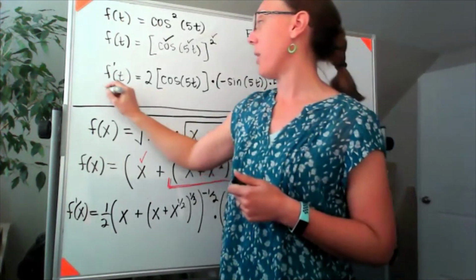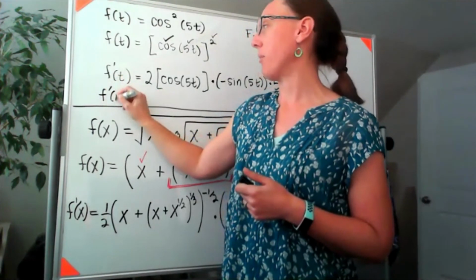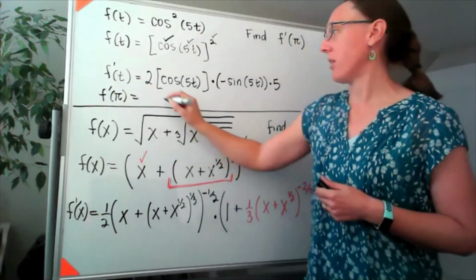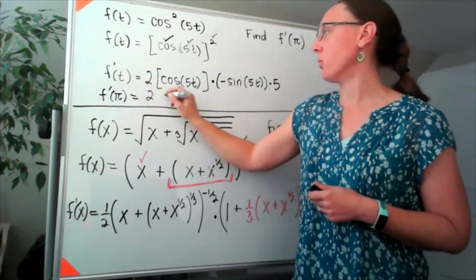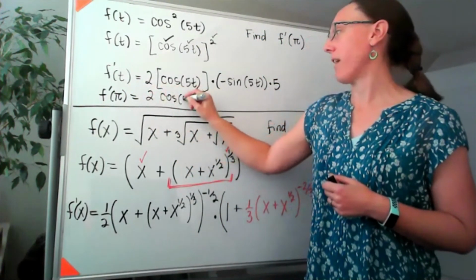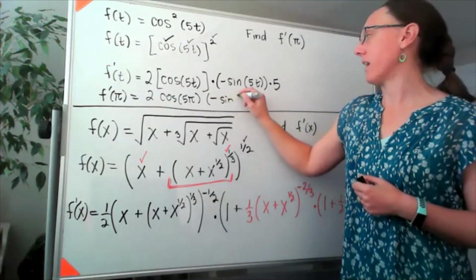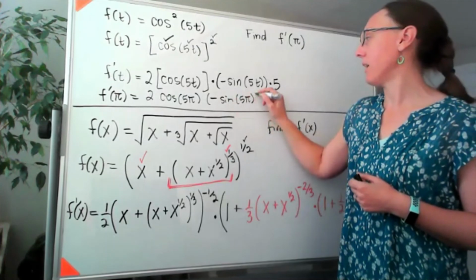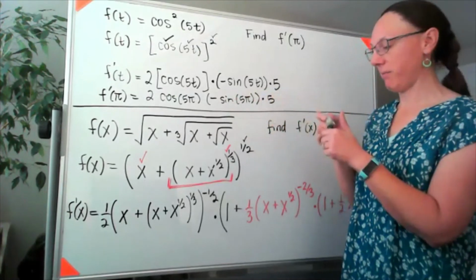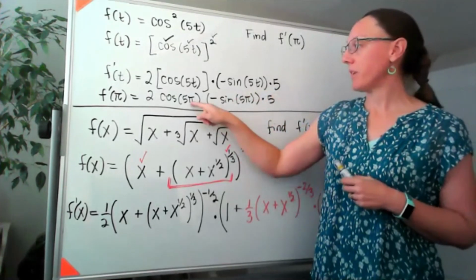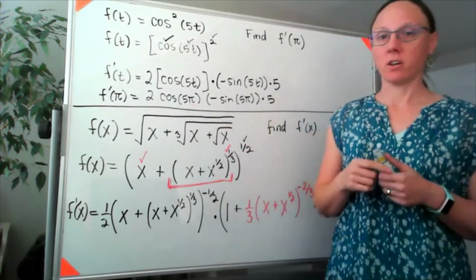So now I'm going to come back in and say f prime of pi. If I plug that in, that's 2 times cosine of 5 pi times negative sine of 5 pi, whole thing times 5. Well, let's see. Cosine of 5 pi.